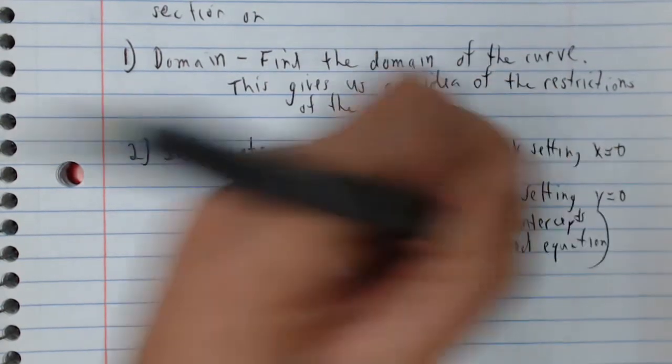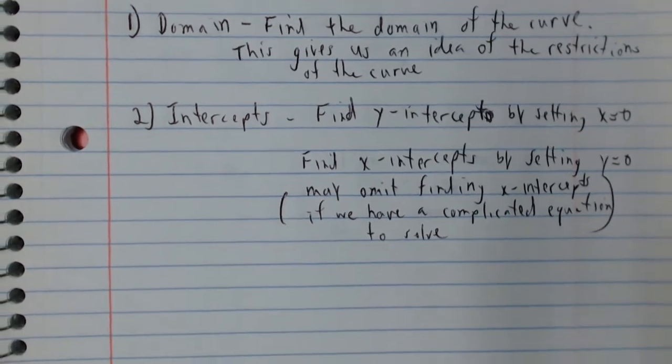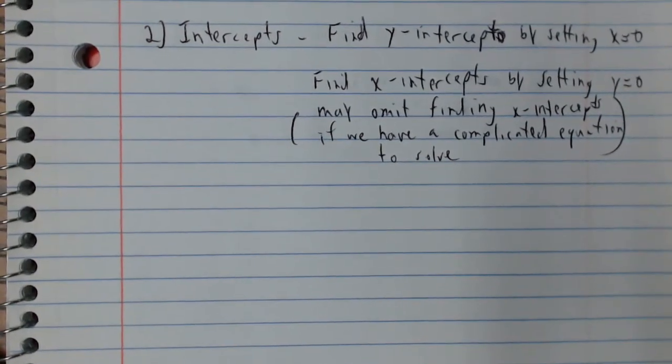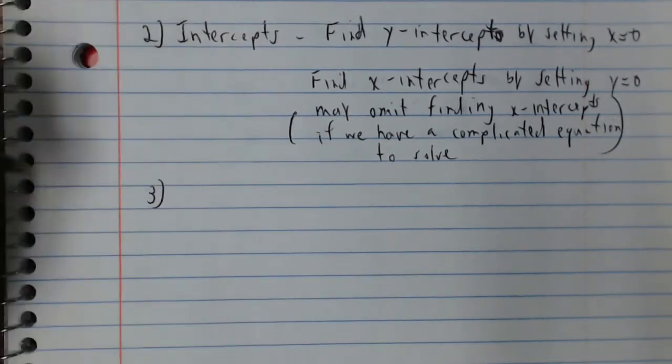For the most part, you should be able to find your x-intercepts. It's not that we're going to be ignoring it, but from time to time, it may be difficult to find. So we might just say, let's skip finding the x-intercepts. We could still sketch a pretty decent graph. But for the most part, you'll be able to find the x-intercepts.